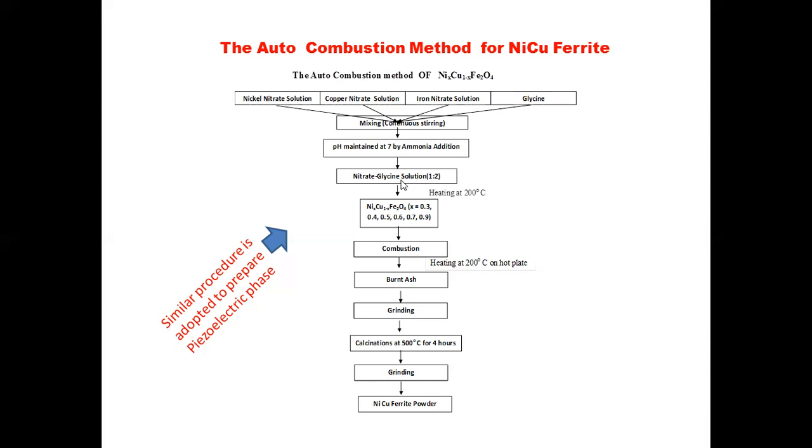That means the concentration of the fuel should be very high, double the concentration of the nitrate solutions. And now this mixture of metal nitrates and glycine, present in a 1000 ml beaker, is kept on a heating bath on a hot plate at 200 degrees centigrade.